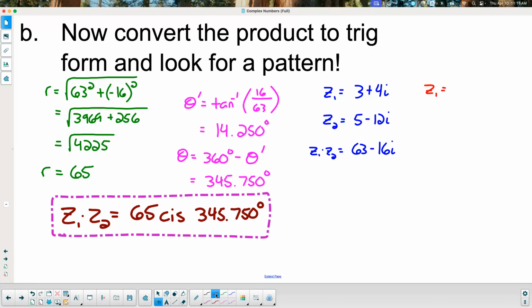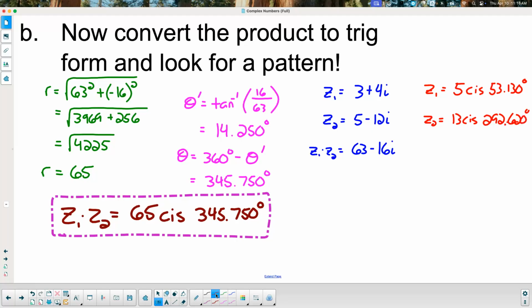Z sub 1, we said, was 5 CIS of 53.13. We said Z sub 2 was 13 CIS of 292.620 degrees.